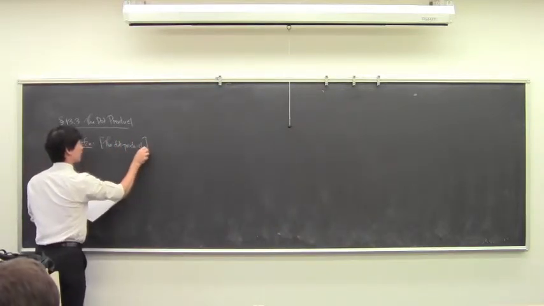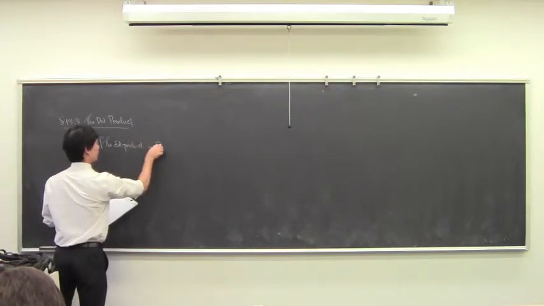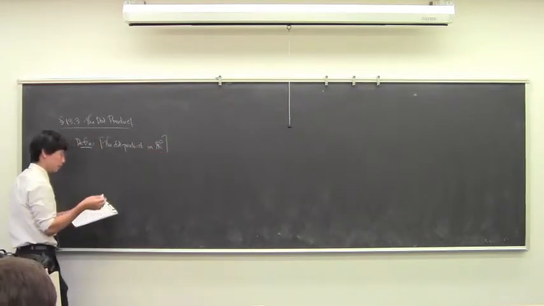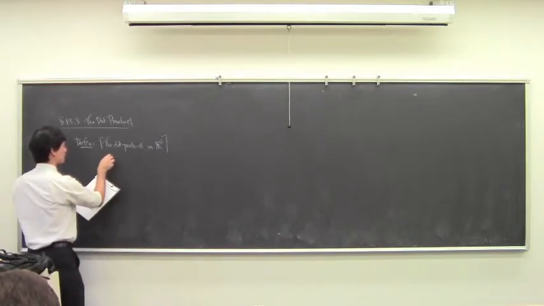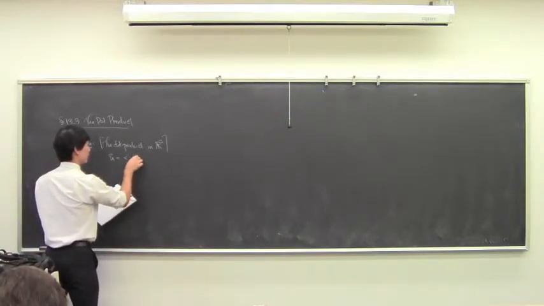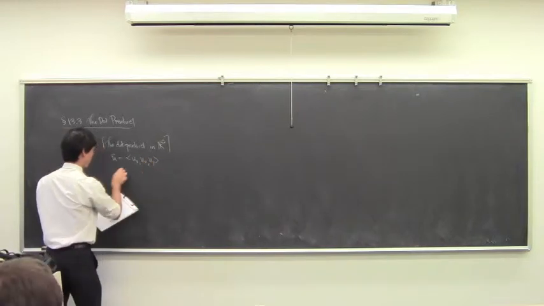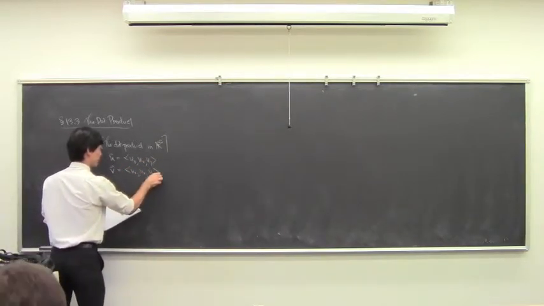Definition: dot product. Let's suppose that we're in R3. You could do it in R2, R4, Rn, however many dimensions you want. So suppose you have a vector u with components u1, u2, u3, and another vector v with components v1, v2, v3.